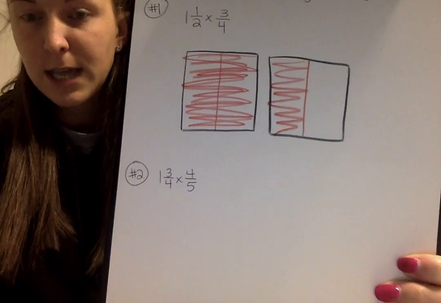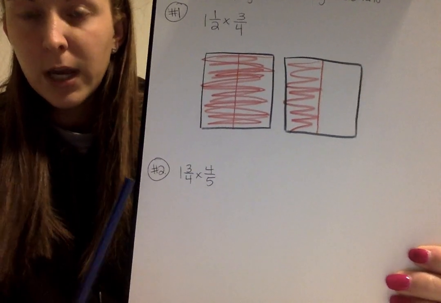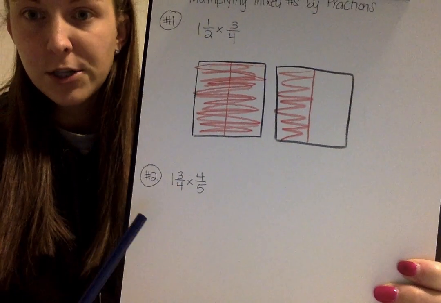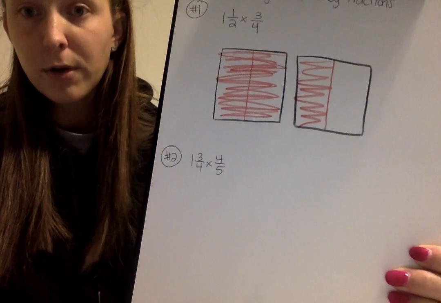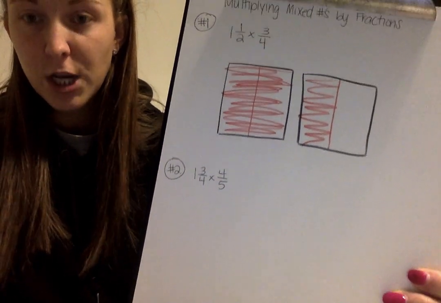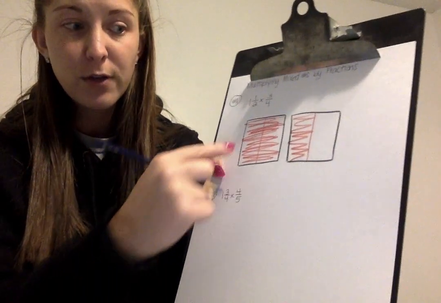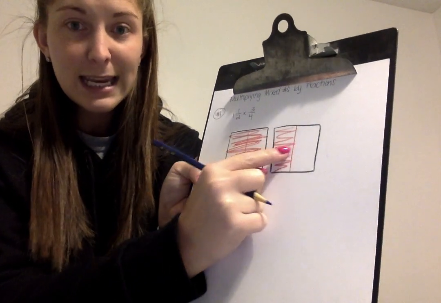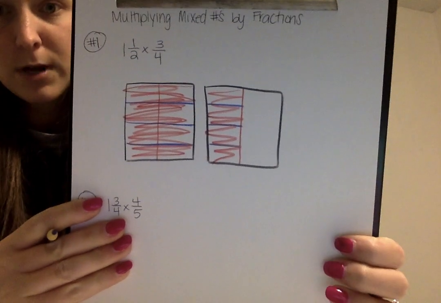Then I'm going to take my blue, and I've got to horizontally shade in or draw 3/4 and then shade in 3 of those pieces. And I have to do that on the whole one and the half one over here.